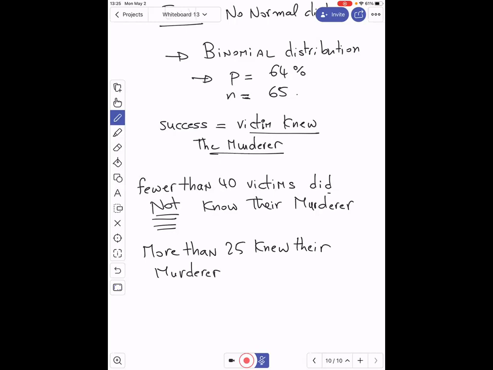What you have to do is take the difference from the number of trials, so 65 minus 40. If fewer than 40 did not know, then more than 25 knew their murderer. So that's the probability that R is more than 25.